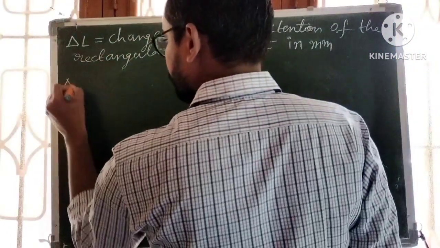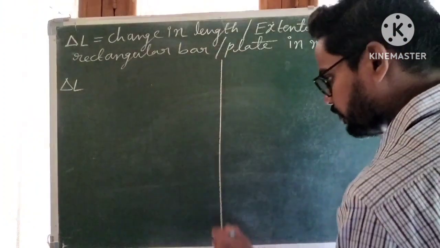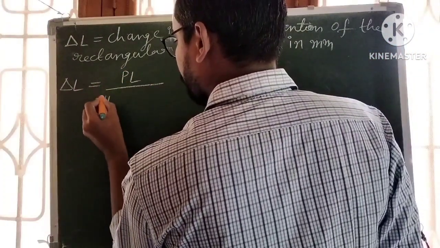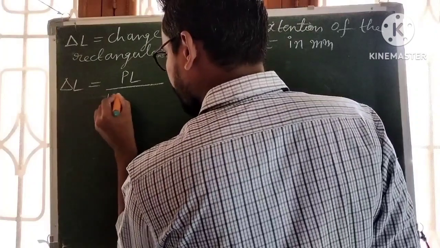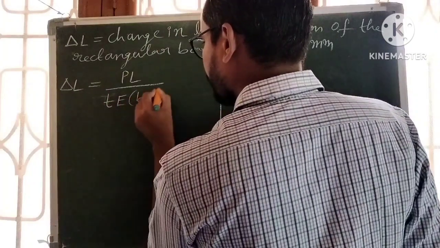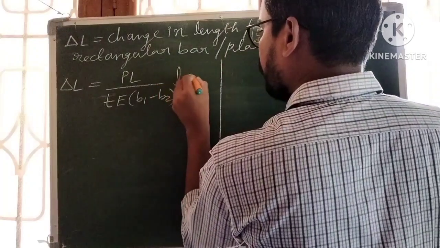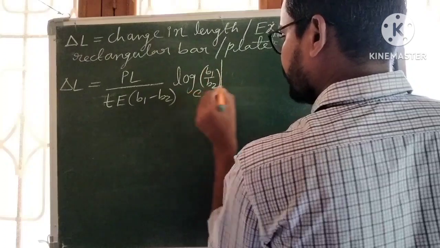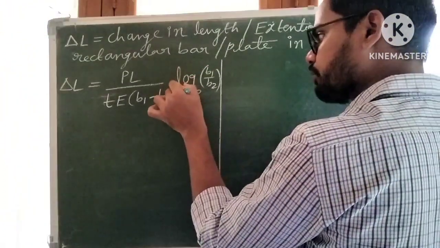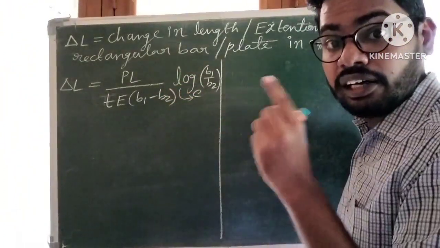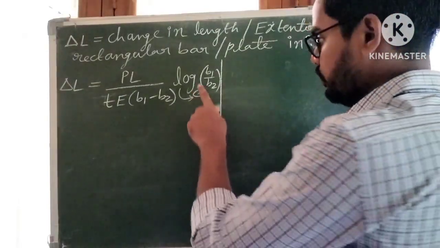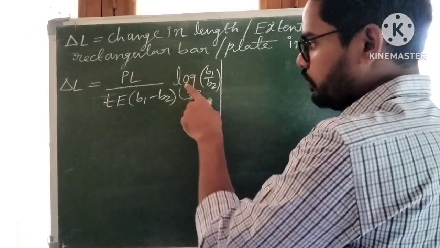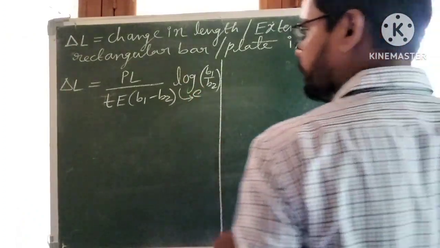So delta L is equal to, what is the formula? Delta L is equal to PL by TE into B1 minus B2 into log B1 by B2 to the base e. So logarithms which are calculated to the base e are called natural logarithms. This type of logarithms are called natural logarithms or Neperian logarithms.